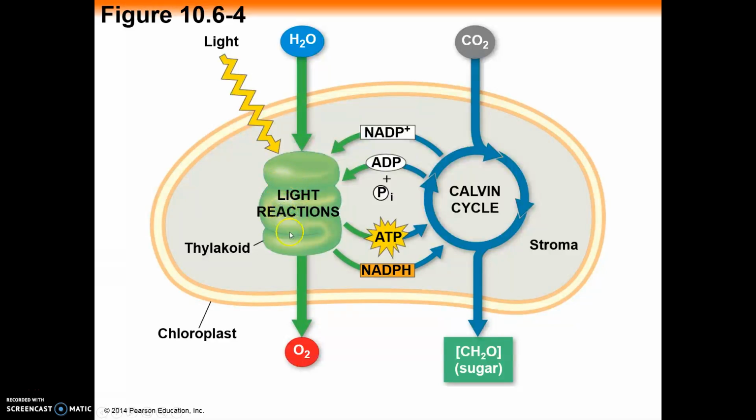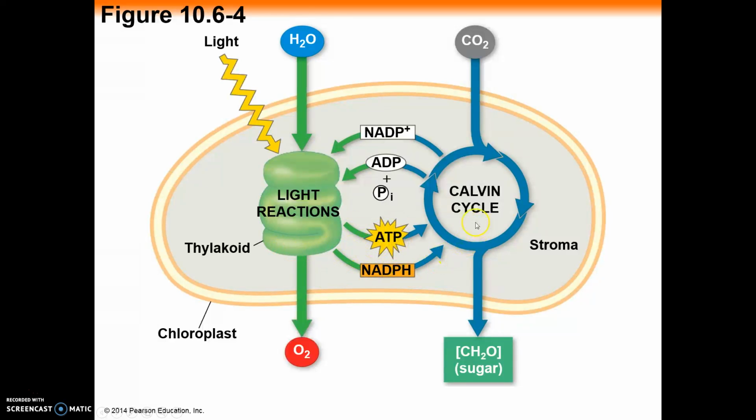This is a membrane-bound structure that will take electrons from water, which will leave oxygen. Those electrons will then be passed on to NADPH. We will also, in the process of passing these electrons through an electron transport chain, generate ATP.